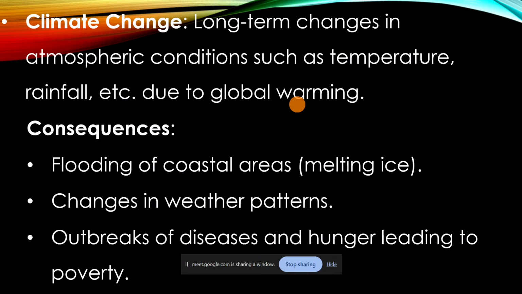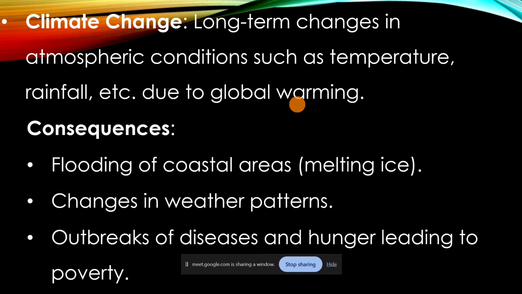Also, if we measure the temperature now and compare it to the temperature 10 years ago, and we discover that the temperature now is more than it used to be, then we can conclude that temperature has increased. So changes in these atmospheric conditions such as rainfall, temperature, cloud cover over a longer period of time is what we now say is climate change. So the climate has changed.